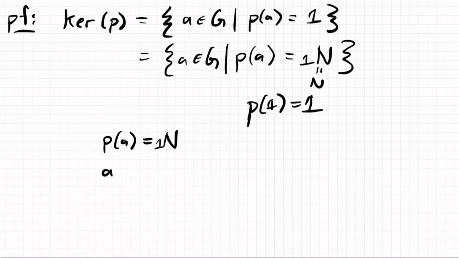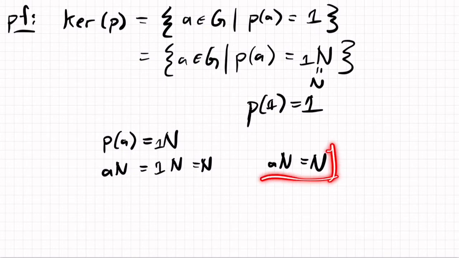So we know that P of A equals N, or AN equals 1N, which is just N, of course. So it's the set of things where AN equals N. What we need to see now is that this is the same thing as saying that A is inside of this normal subgroup N. Why is that true?